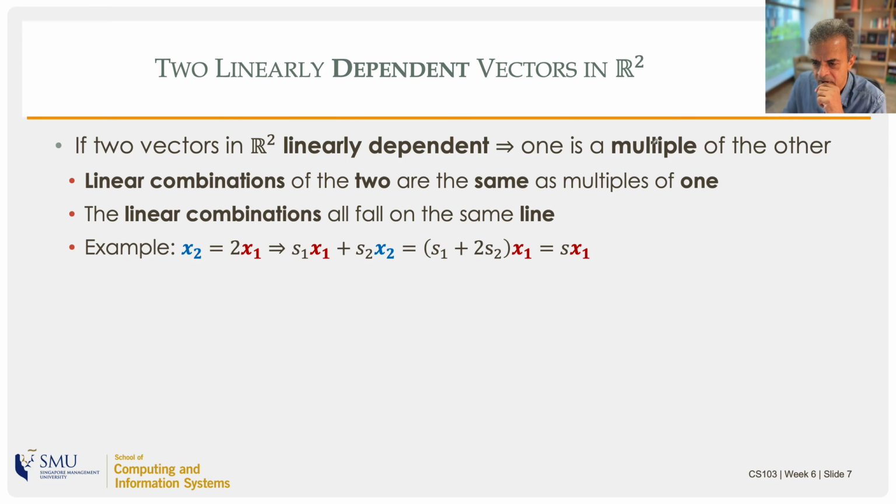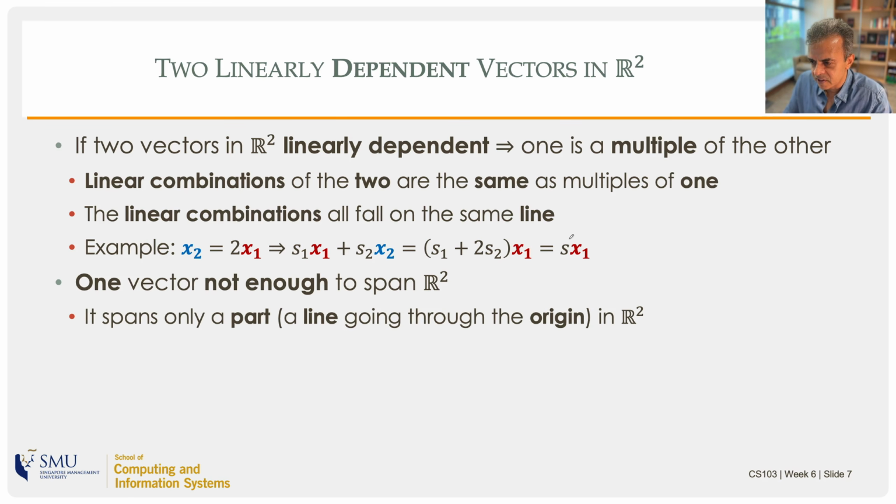Take, for example, some linear combination here, some numbers s1 and s2, I don't know what, but whatever it is, I can already write x2 as 2x1, and then I can pull out x1, and you can see that it's some multiple, that multiplication factor, the scalar, is s1 plus 2s2 times x1. You could write it in terms of x2 if you want, but it's on the same line. It's on the line defined by either x1 or x2. For avoidance of doubt, they are the same line.